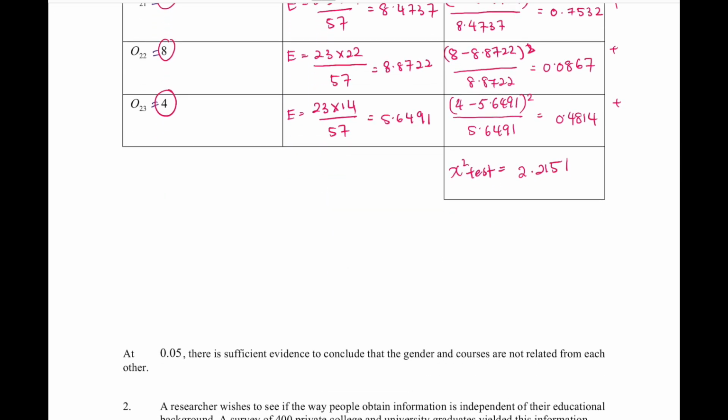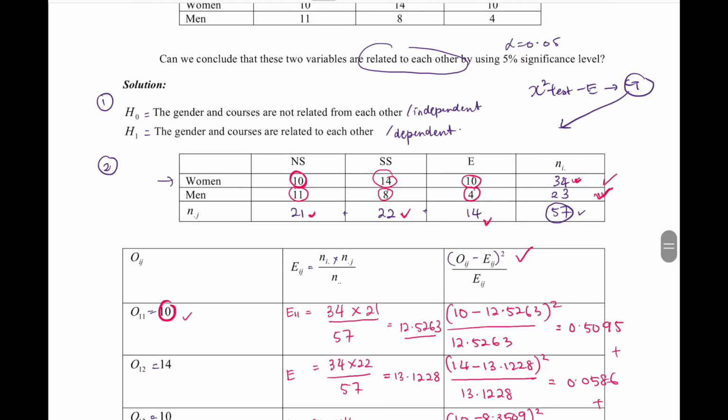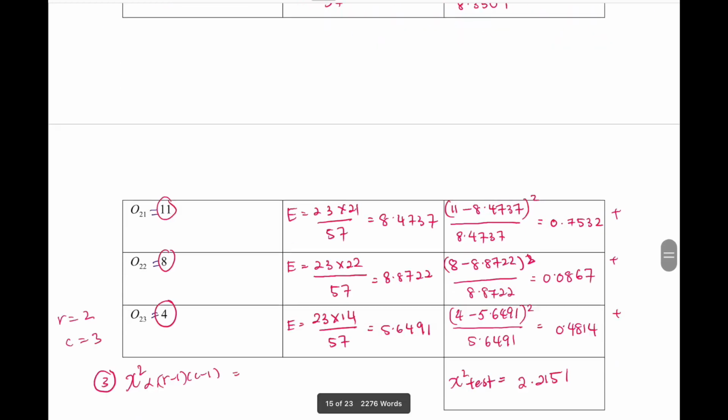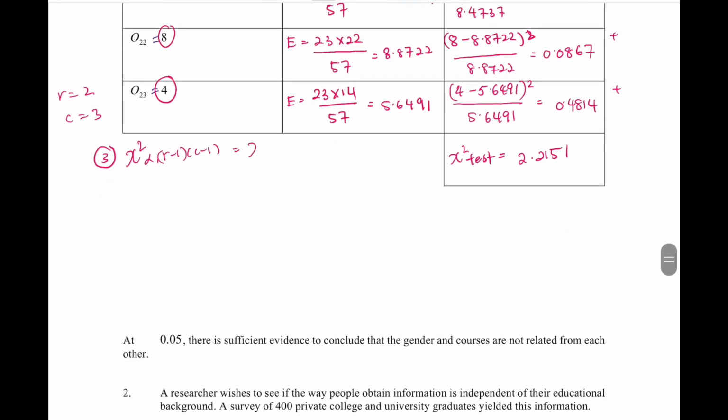Okay, step number 3. Chi-square alpha, with row minus 1 times column minus 1 degrees of freedom. Because we have 2 rows and 3 columns, the chi-square alpha is with alpha 0.05.